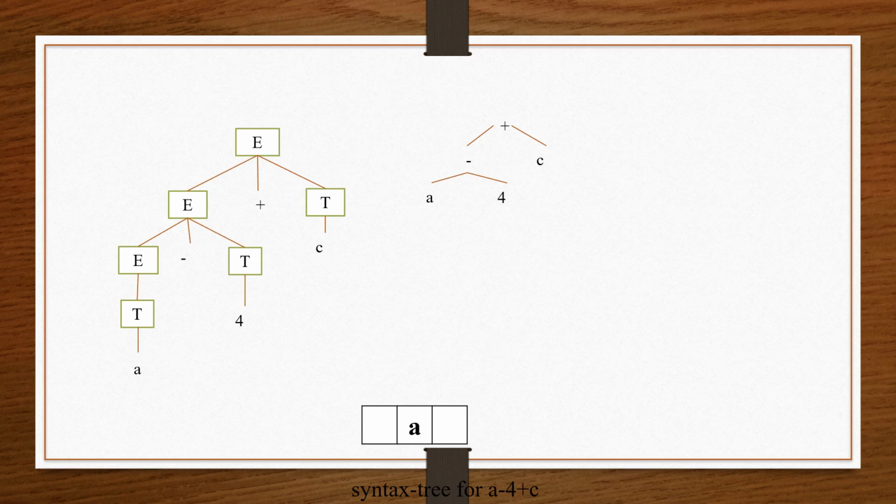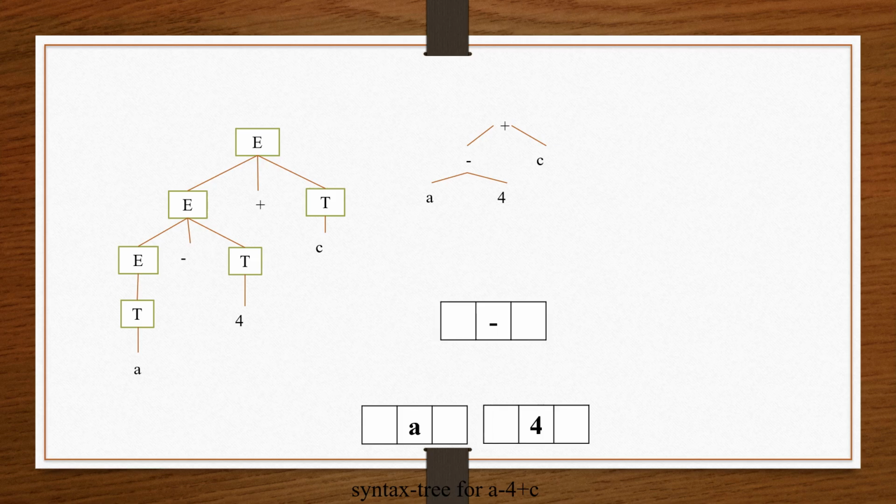So now, what is the next step? 4. This is also a leaf node. According to the grammar production, we have to create a new leaf node, whose address is assigned to T, then T to E. Understood? T to E. So now we have something called the minus.